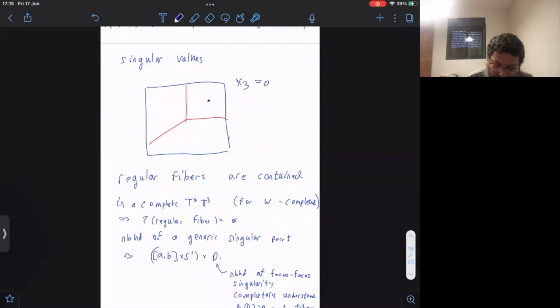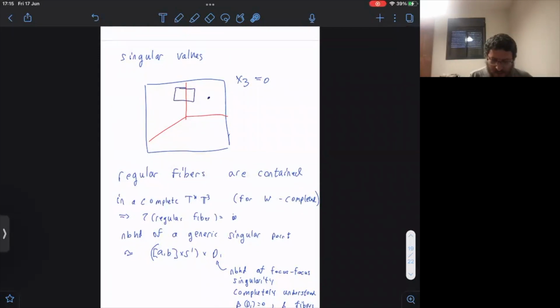Now I can try to study a neighborhood of a generic singularity, because there's this special singular point, but there are these generic singularities. And I'm telling you that these generic singularities can be described as a product of a symplectic annulus with a copy of the focus singularity.